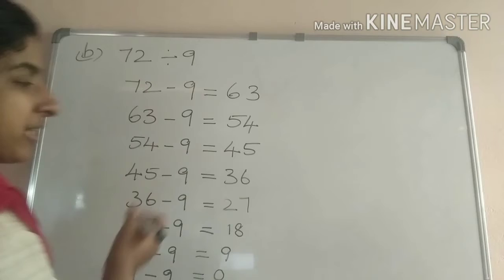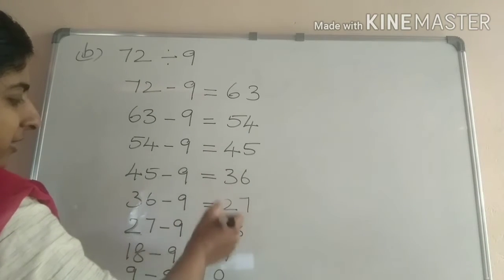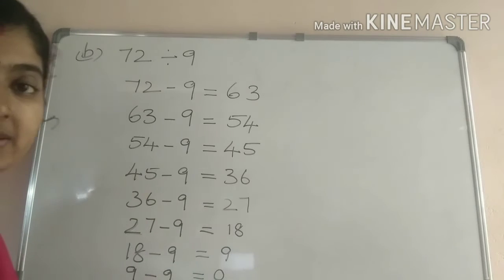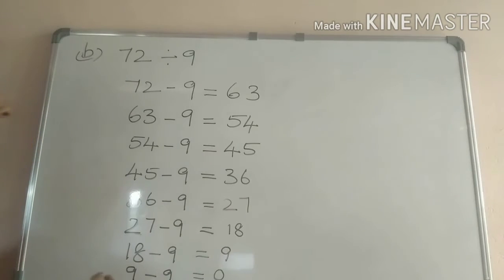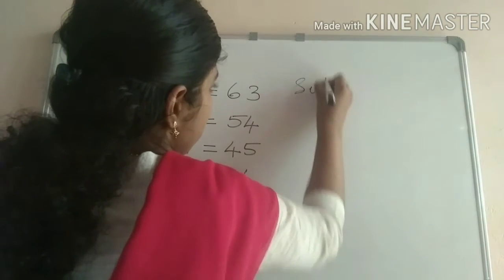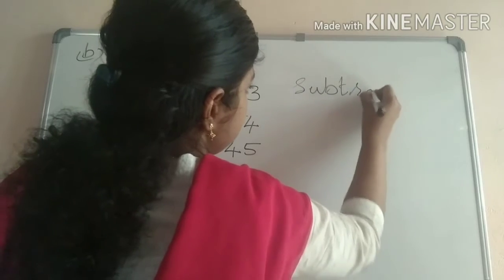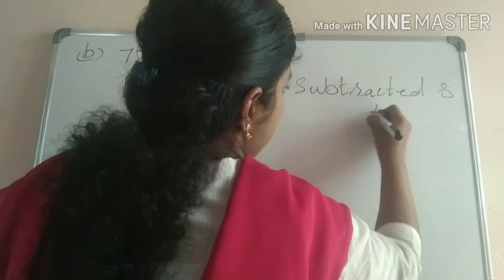How many times did we subtract? 1, 2, 3, 4, 5, 6, 7, 8. We subtracted 8 times.